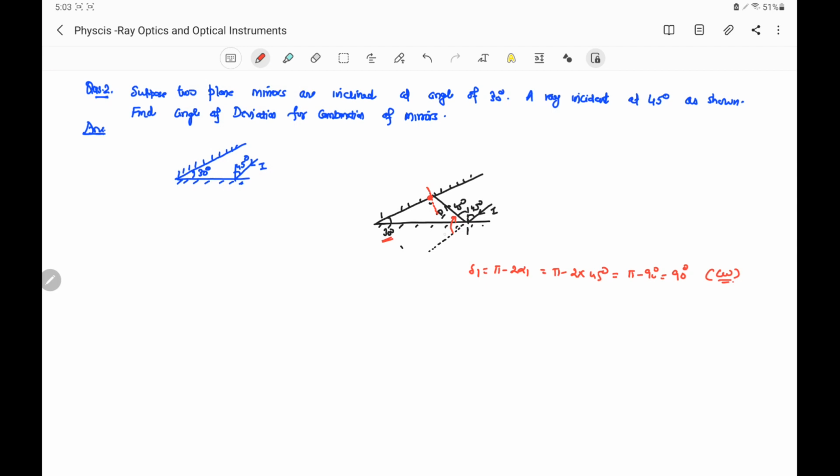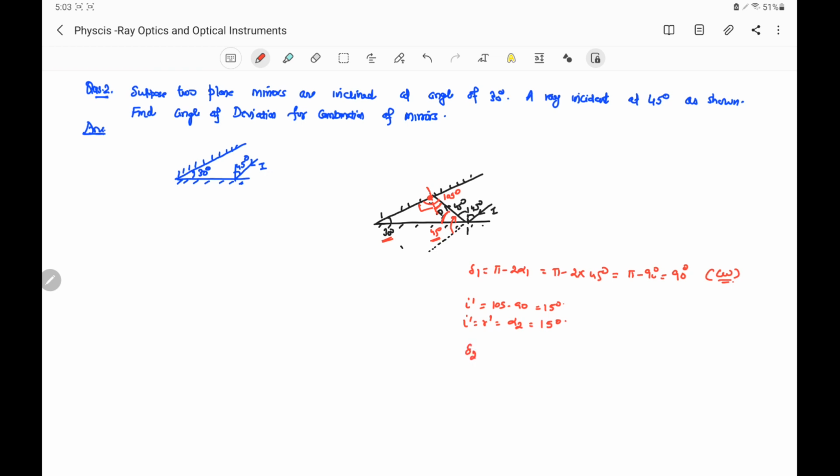The angle is 30 degrees and another angle of the triangle is 45 degrees. So the remaining angle is 105 degrees. And the normal makes 90 degrees. So the angle of incidence at the second surface, that is i dash, will be equal to 105 minus 90, that is equal to 15 degrees. And because i dash equals r dash, so i dash equals r dash equals, say, alpha 2, and this will be equal to 15 degrees.